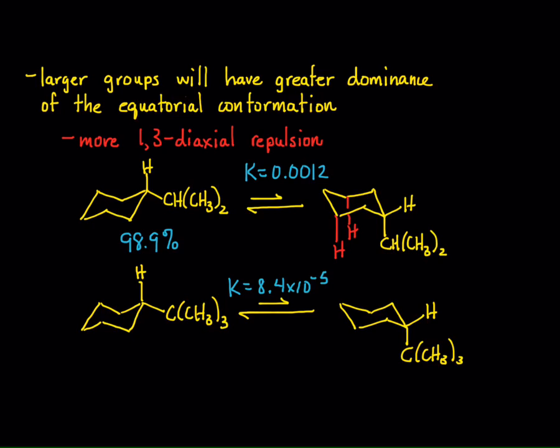Which means in terms of percentage, 99.99% of tert-butylcyclohexane is going to be in the equatorial position. And so you see very small changes in energy amount to very large changes in equilibrium distribution.